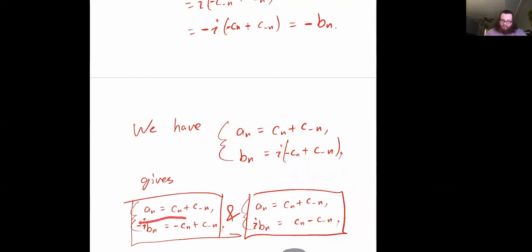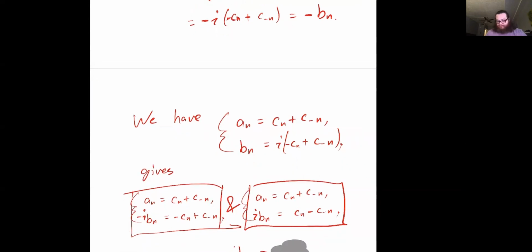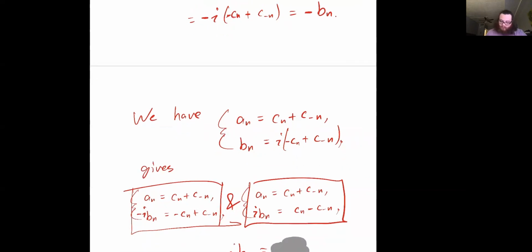Okay, so that's what we get down there. Likewise, if we multiply this by i, i b sub n, i squared is -1. So we're going to get a -1 right there, distribute that. i times b sub n is going to be C sub n minus C sub minus n.